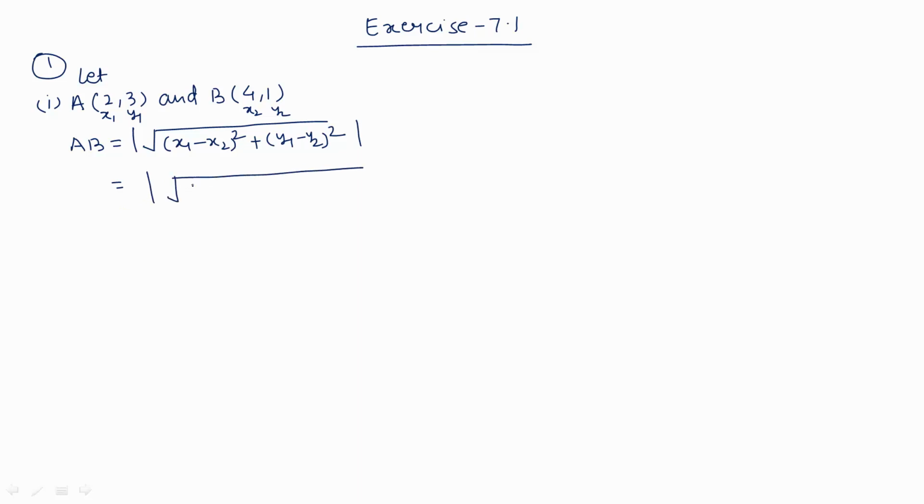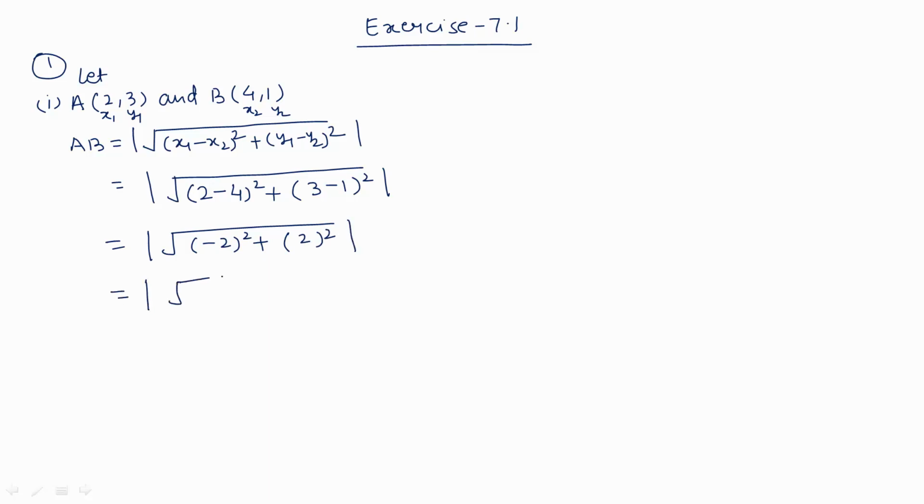The value of x1 is 2 minus the value of x2 which is 4, whole square, plus the value of y1 which is 3 minus the value of y2 which is 1, whole square. 2 minus 4 is minus 2 whole square plus 3 minus 1 is 2 whole square.